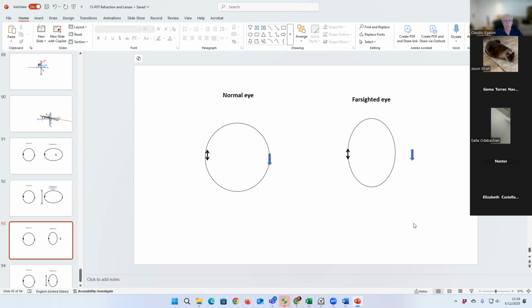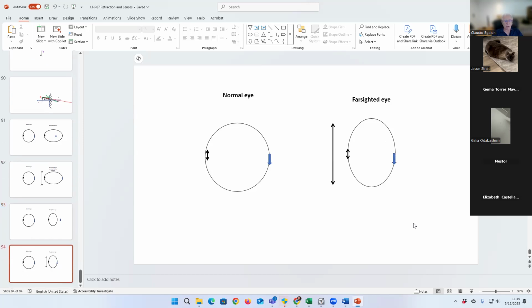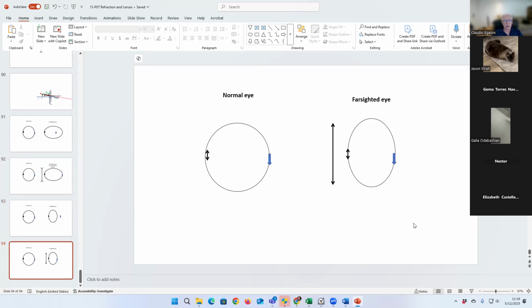In order to correct for this problem, we have to use a converging lens that's going to shorten the focal distance of the lens of the eye. And the object will be focused at the point right there at the retina. Okay, that's what you have to know.